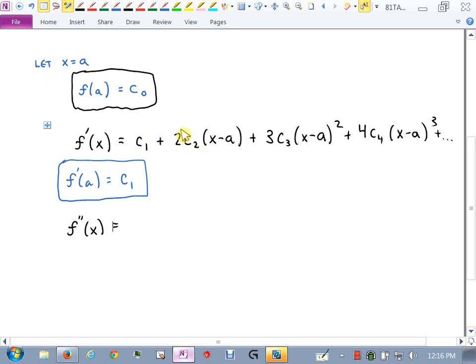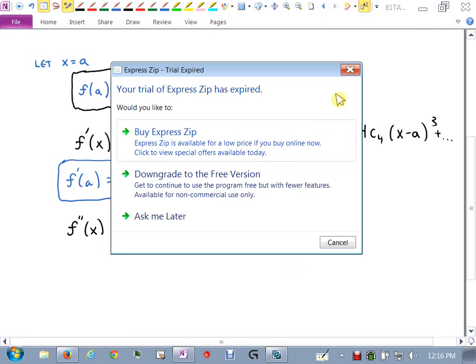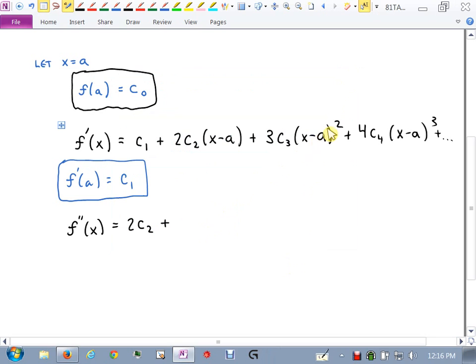What would the derivative of this be? 2c sub 2 plus, what would this next one be? 2 times 3c sub 3 times x minus a to the first power, plus 3 times 4 c sub 4 times x minus a squared, plus dot dot dot.